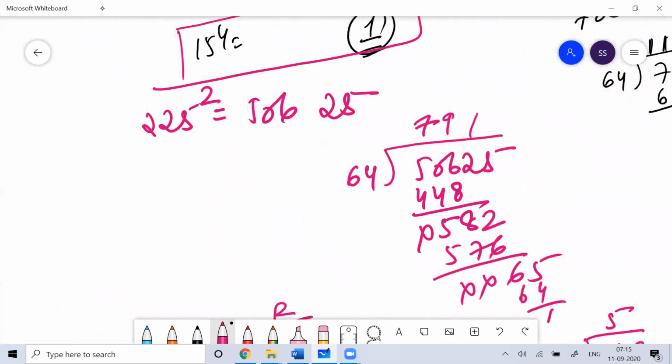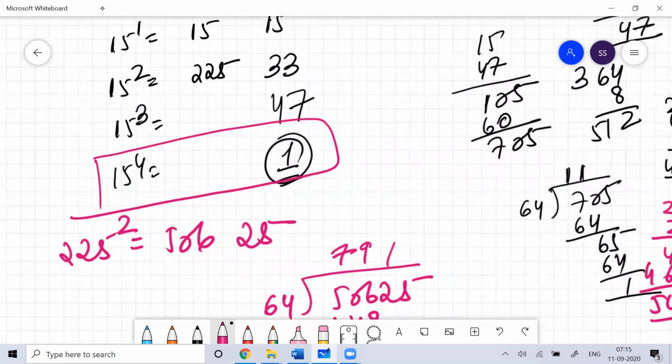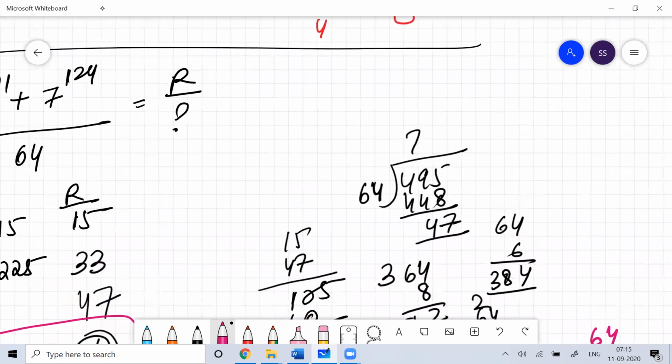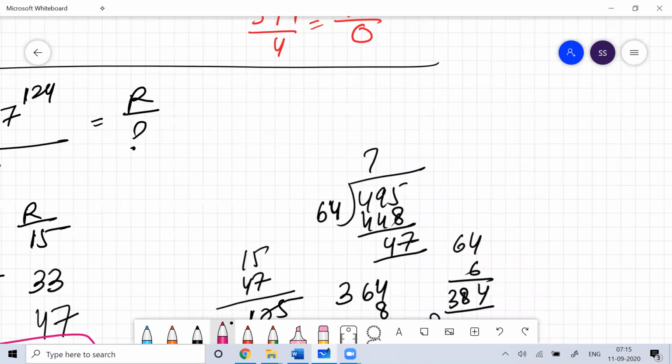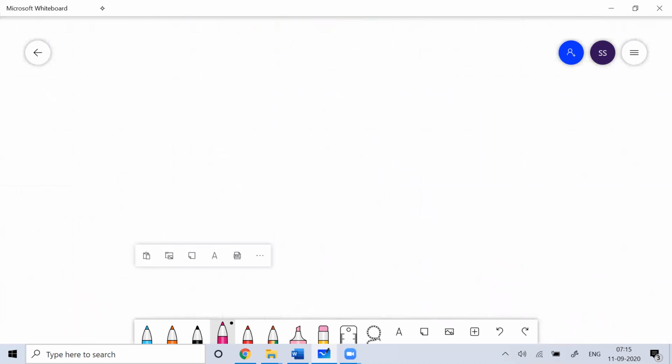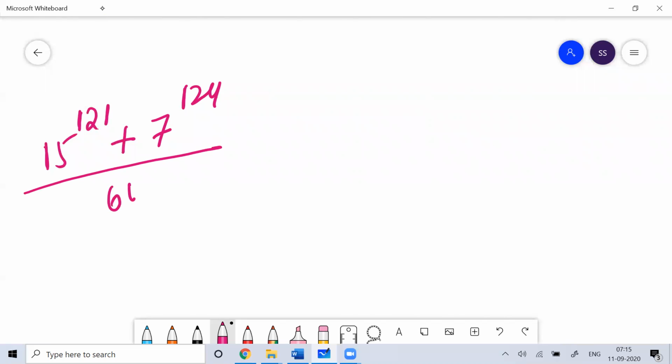And 15 to the power 4 is giving you remainder 1. So for 15 to the power 121 plus 7 to the power 124 divided by 64, you know that 15 to the power 4 will give you remainder 1 when you divide by 64.